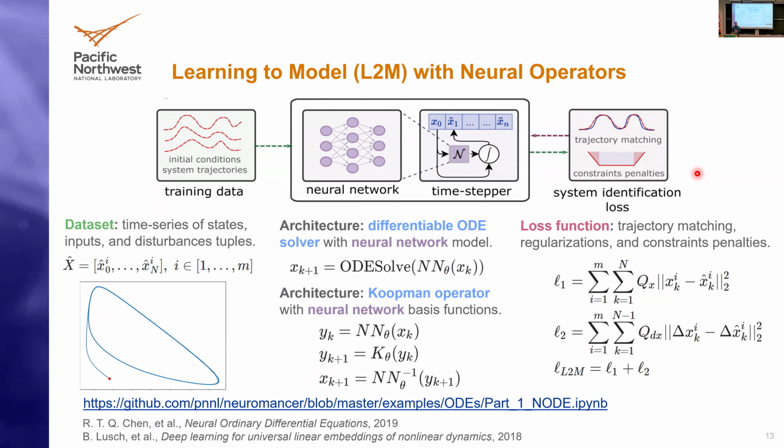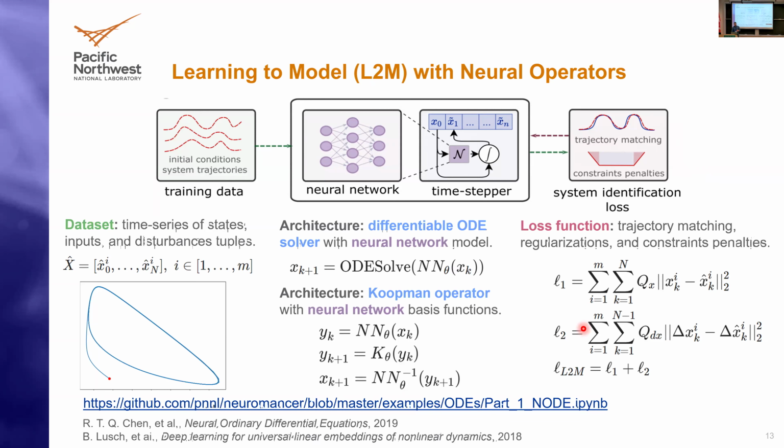And there are different architectures that have some prior knowledge, like in neural ODE. The right-hand side of the ODE is just a neural network, and you are using an ODE solver to integrate forward in time. In deep Koopman models, you have a linear transition model in the latent space, and your basis functions are deep neural networks.